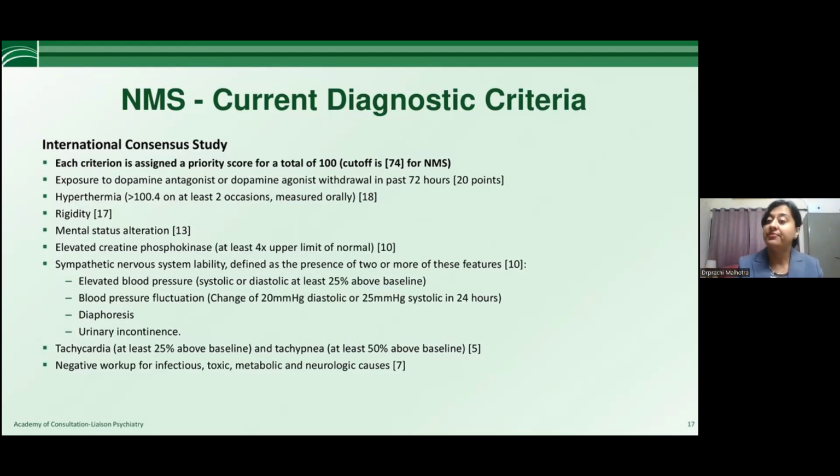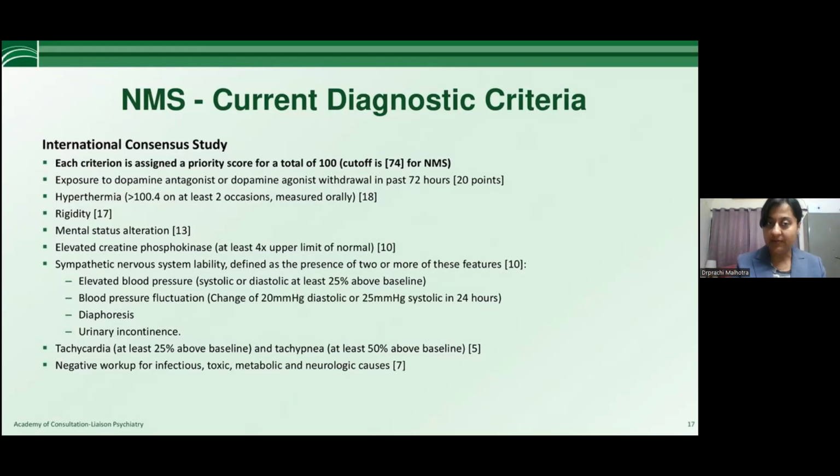And blood pressure fluctuation, that is very important: a change of 25 mm Hg systolic or 20 mm Hg diastolic in 24 hours, either up or down. If systolic pressure rises by more than 25 mm Hg, or diastolic pressure falls by 20 mm Hg, or both, in 24 hours, that is called blood pressure fluctuation.